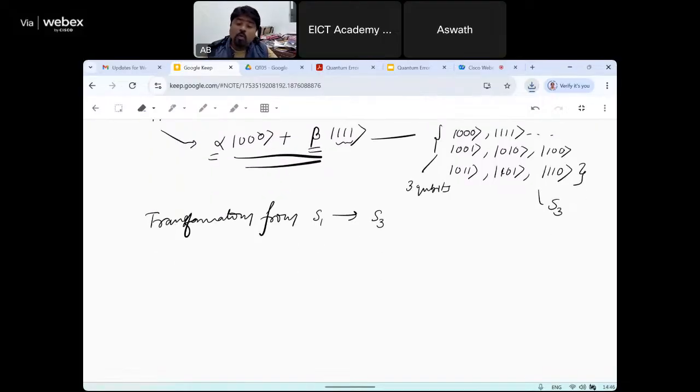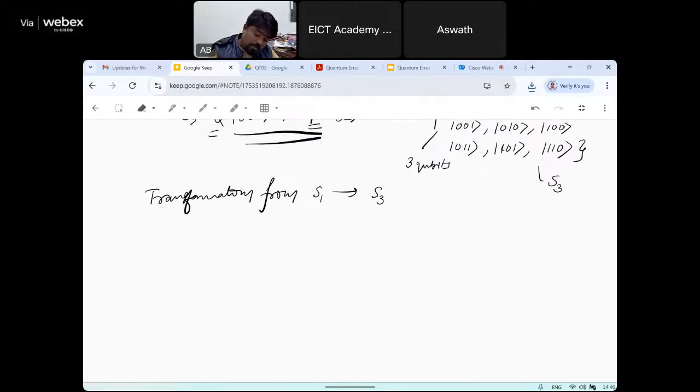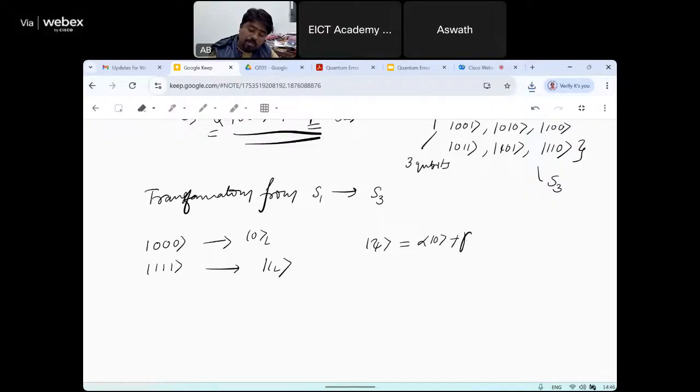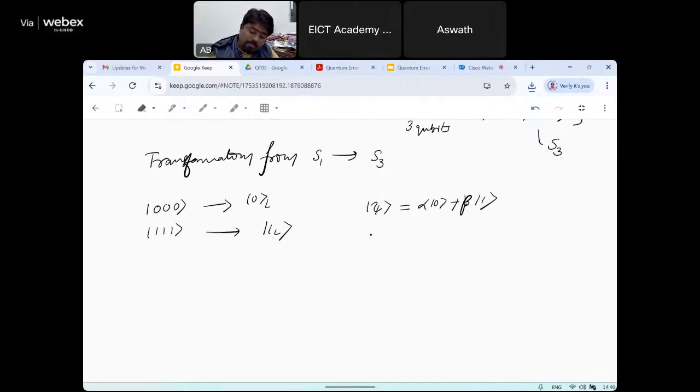Now I will call 000 as logical 0, and 111 as logical 1. My quantum state, which was earlier a simple quantum state, I am now calling a logical quantum state, equal to alpha 0L plus beta 1L.